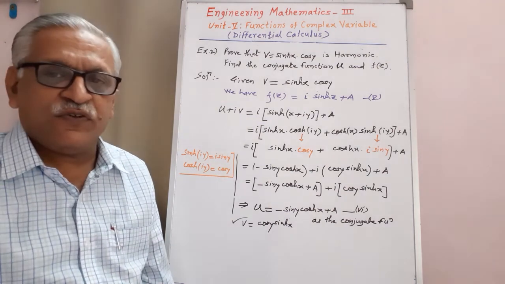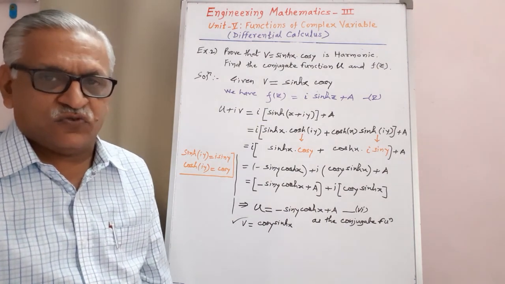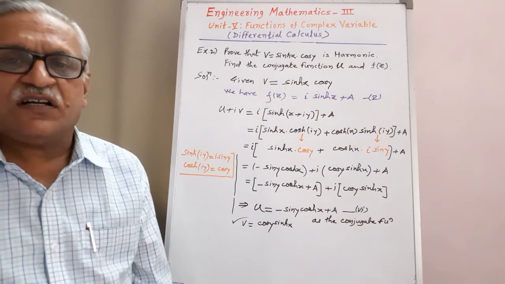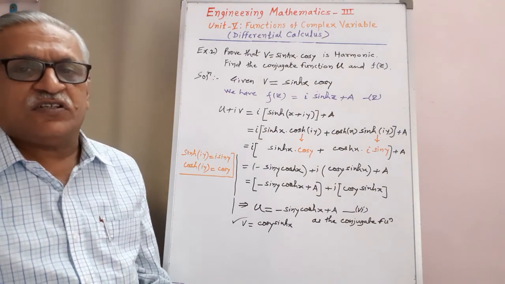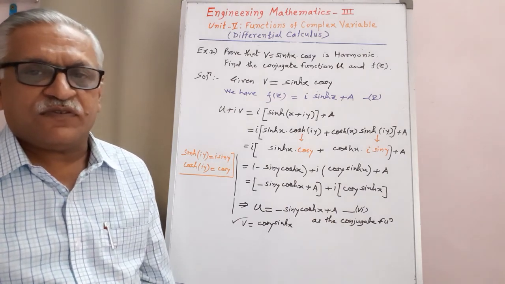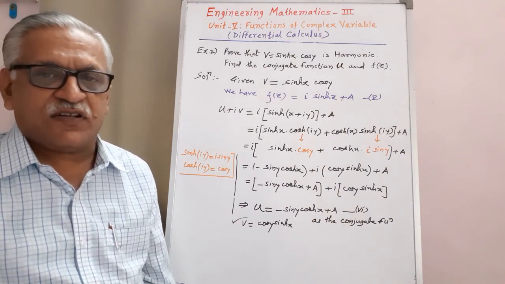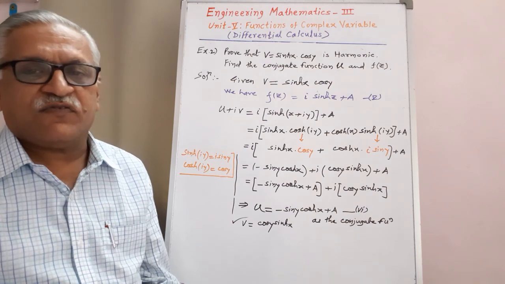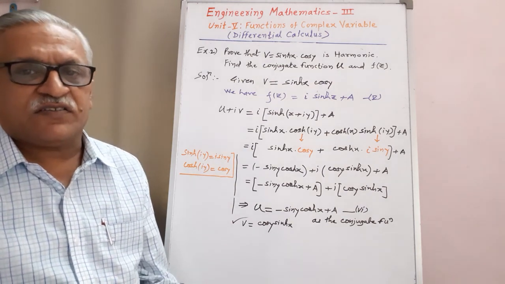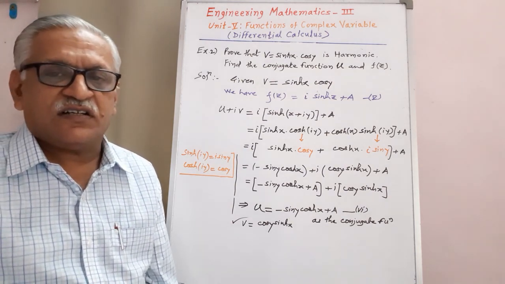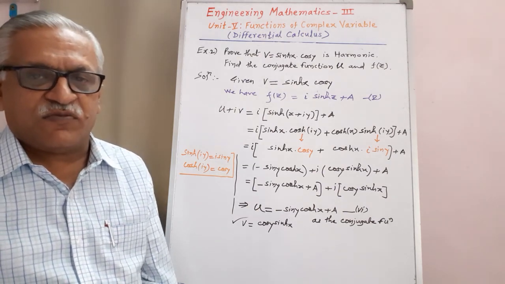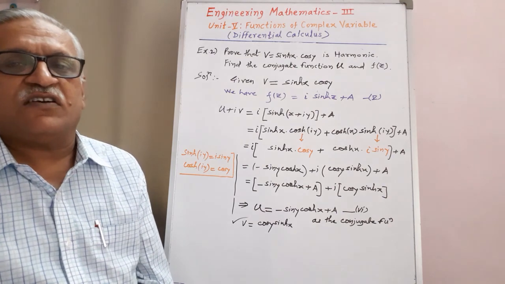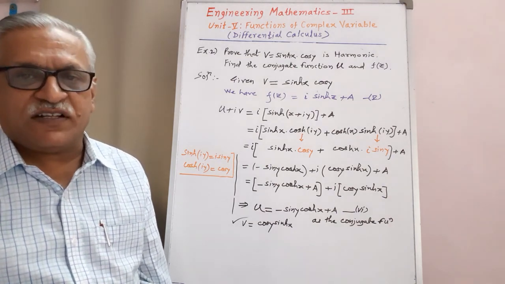I have obtained the value of u, a conjugate function u. Therefore, remember these 3 important steps whenever we have to solve such type of example: first, we have to show that the given function is harmonic; second, we have to construct the required analytic function f of z; and third, we have to obtain the conjugate of that given function.